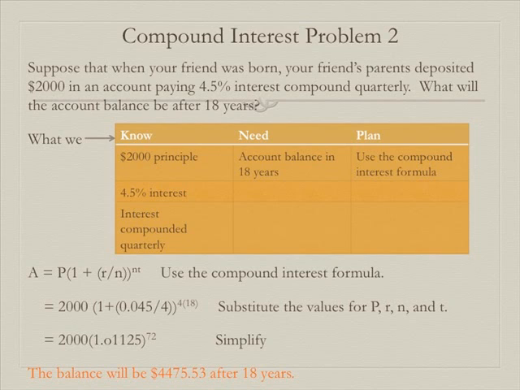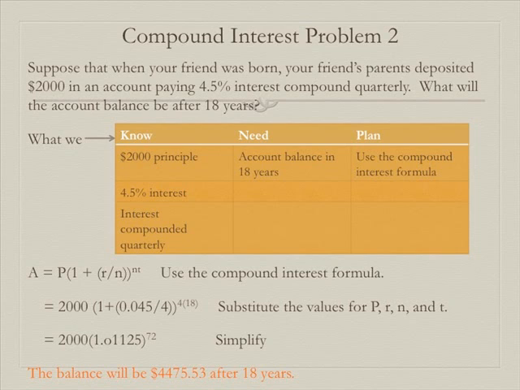So we have A equals P times the quantity of 1 plus r over n raised to the nt, which equals 2000 times 1 plus 0.045 divided by 4 raised to the 4 times 18. We're substituting the values for P, r, n, and t respectively in this equation.